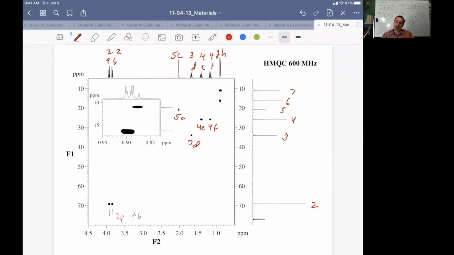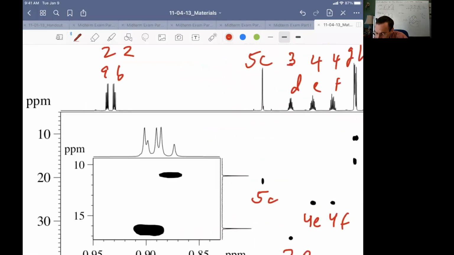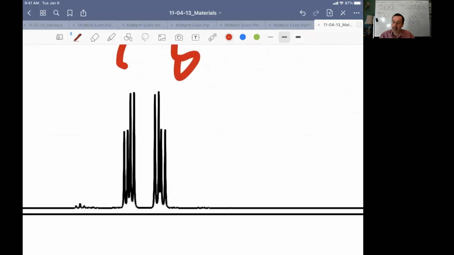And so clearly with the 2 protons that are non-equivalent on 2, we see that we have diastereotopic protons. And with our 2 protons that are on 4, we see we have diastereotopic protons here going on. And this is a good example because this relates to something else we saw in the exam. A and B are part of an ABX pattern.